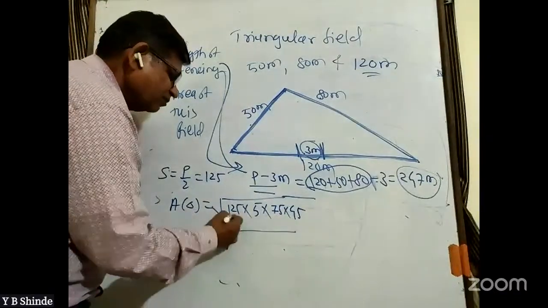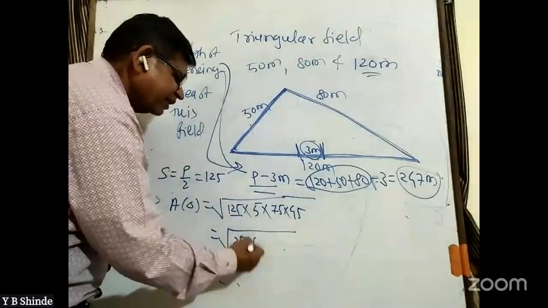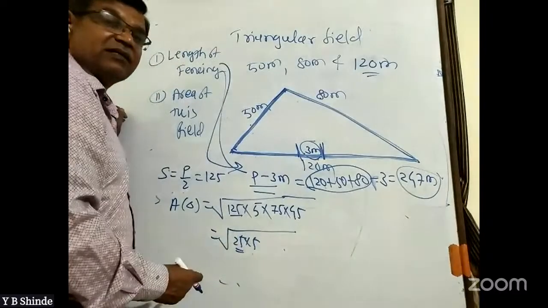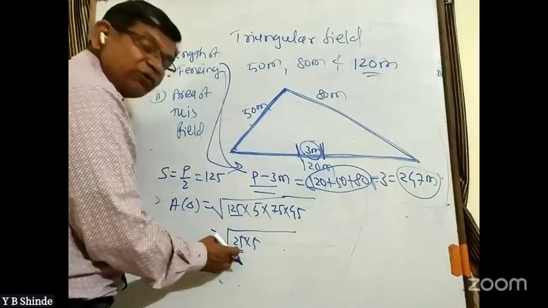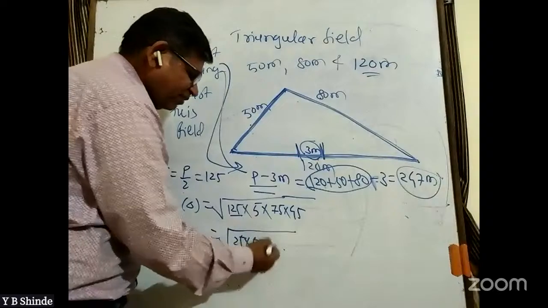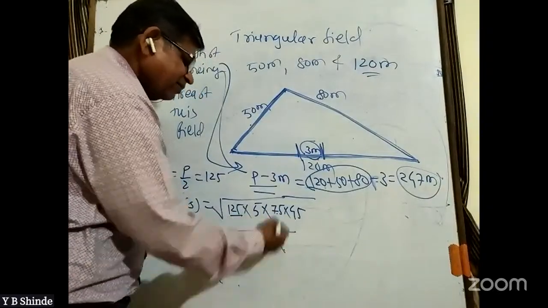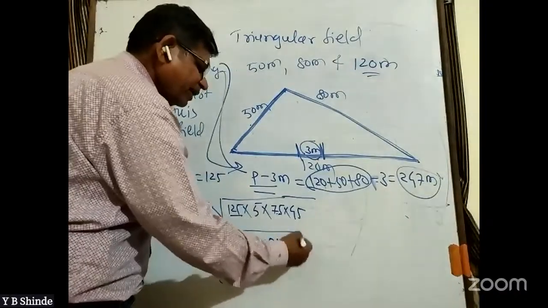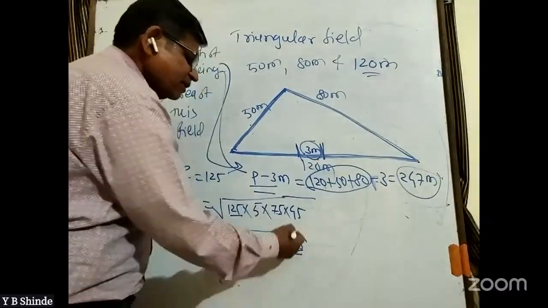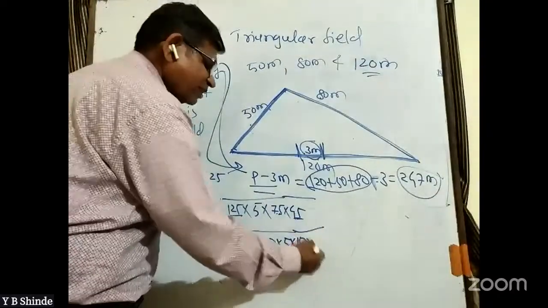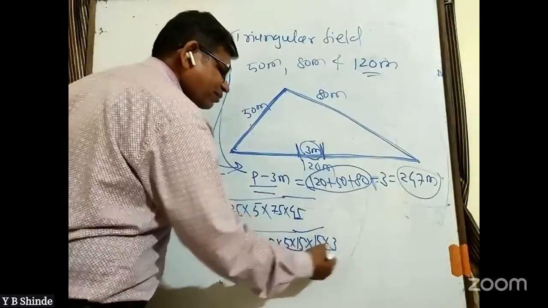Now factorize it. How? Here, 125 is 25 into 5. 25 we can take the square root of, which is 5, and the original 5 is there. 75 is 5 into 15. Here, an important thing: 45 is 15 into 3. Keep in mind.